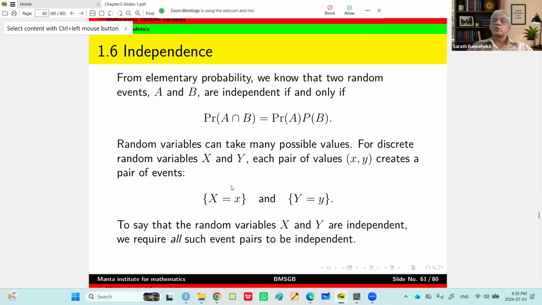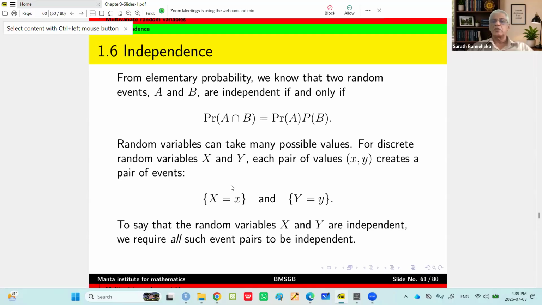Remember, we already know how to define the independence of two events. If A and B are two events, we usually start with the conditional probability. If the conditional probability of event A given event B is the same as the unconditional probability of event A, in that case we say A and B are independent.